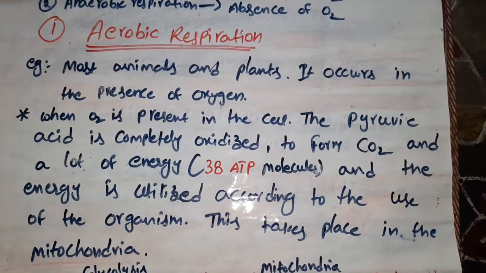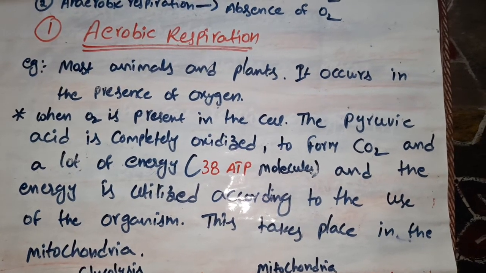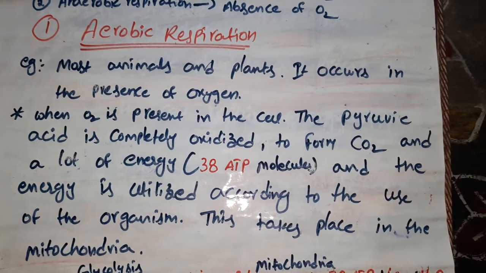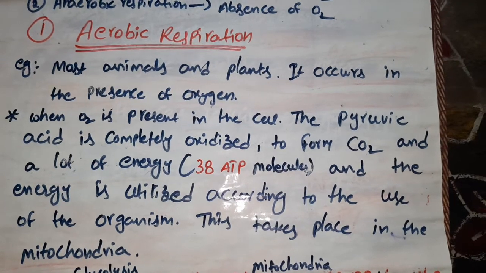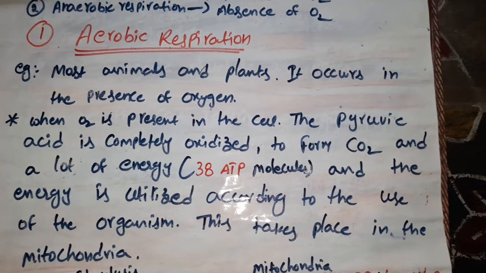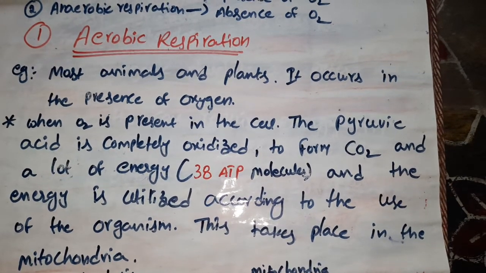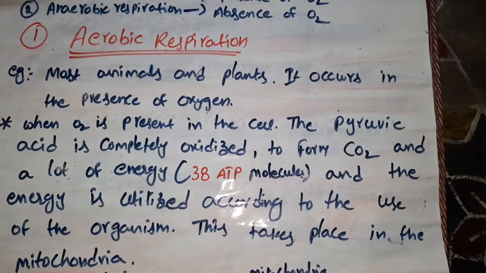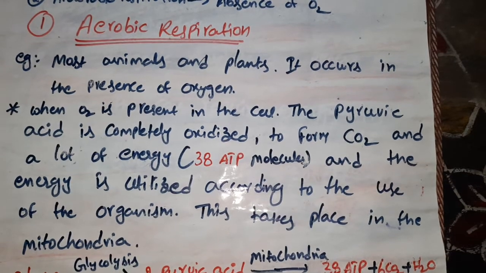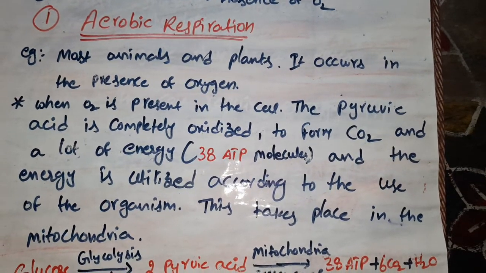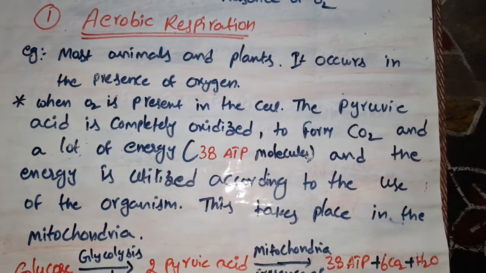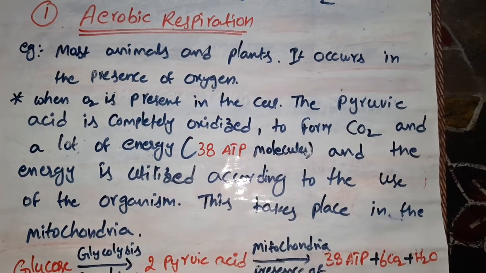Aerobic respiration means presence of oxygen. And the energy here means ATP, adenosine triphosphate. 38 ATPs are produced, and the energy is utilized according to the needs of the organism. This takes place in the mitochondria.